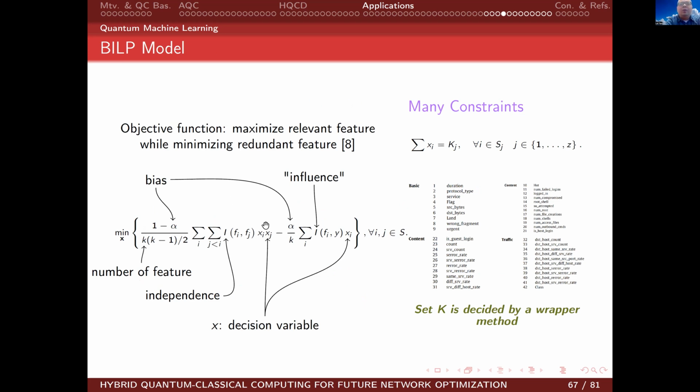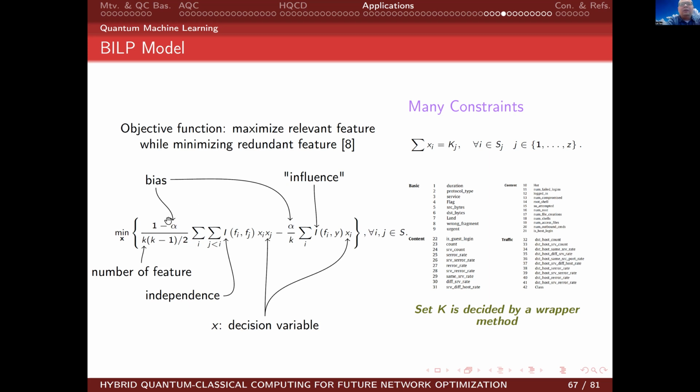First, we use X to represent whether we keep a feature or not. If Xi is 1, that means we keep this feature. If Xi is 0, that means we discard feature i.